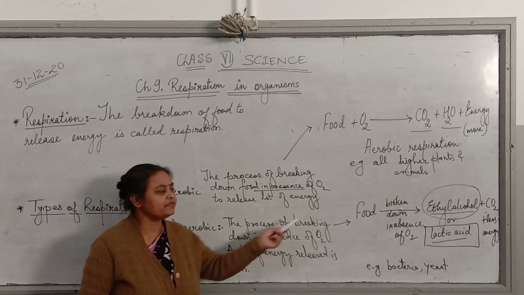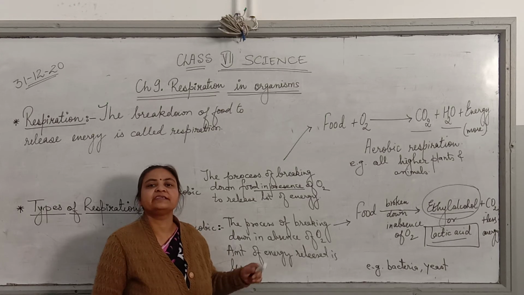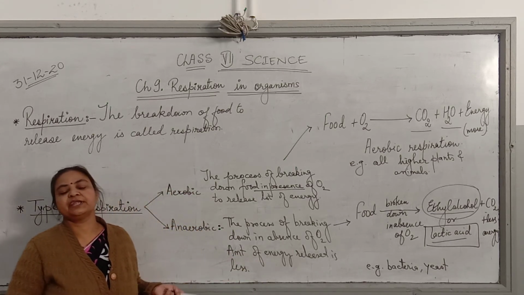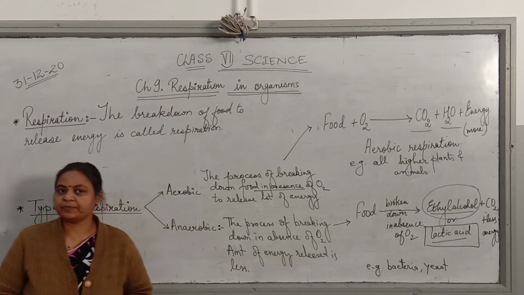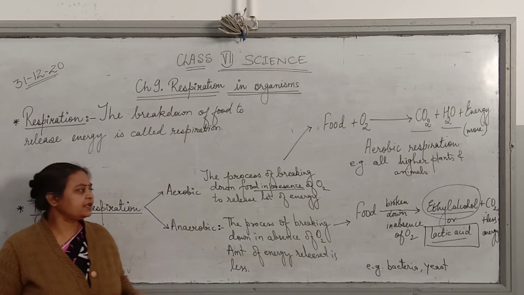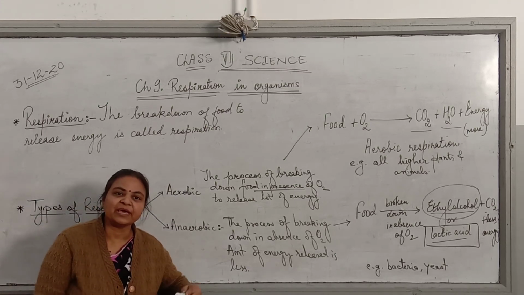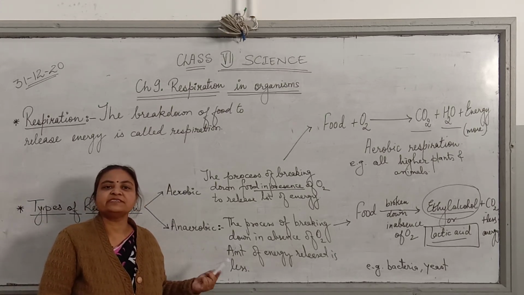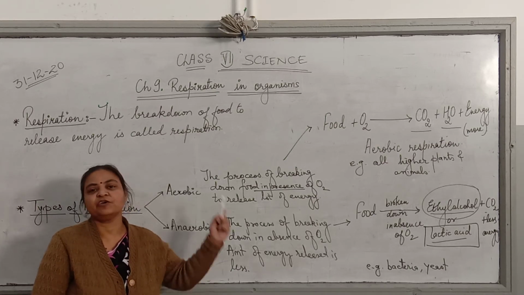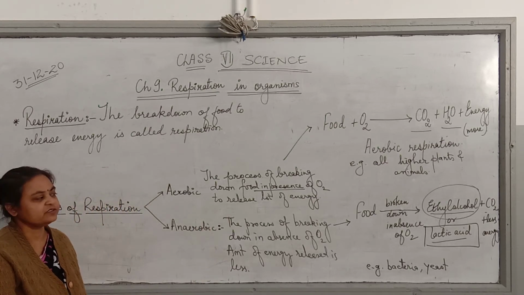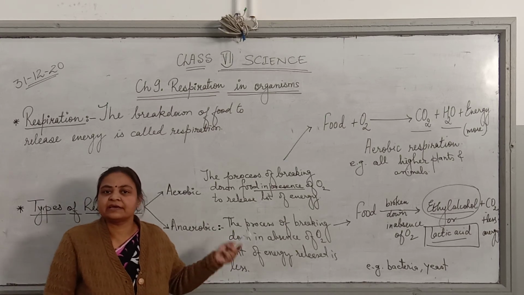Then that oxygen will react with the lactic acid and convert it further into carbon dioxide and water vapor. Blood supply will increase oxygen because blood is carrying the oxygen along with it, right? So this is how we can get rid of the cramps.